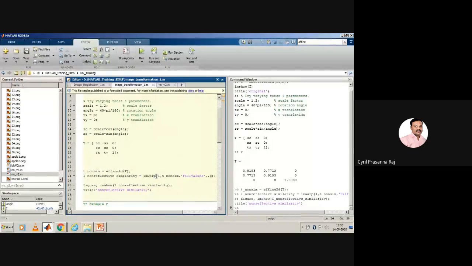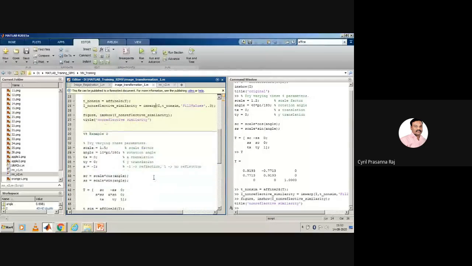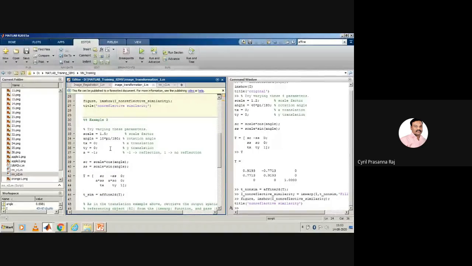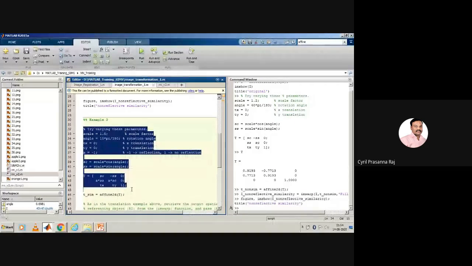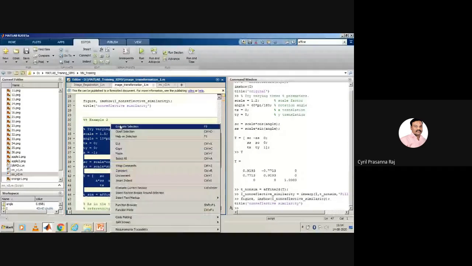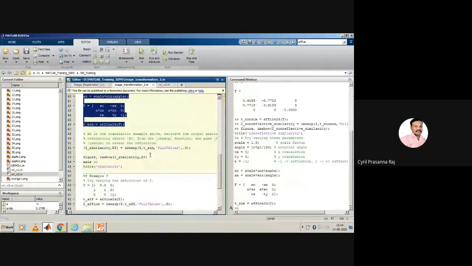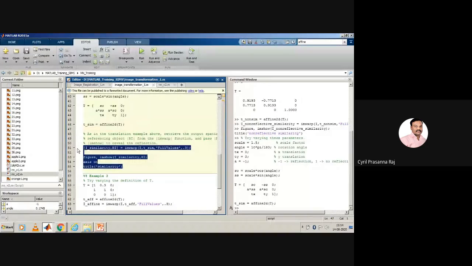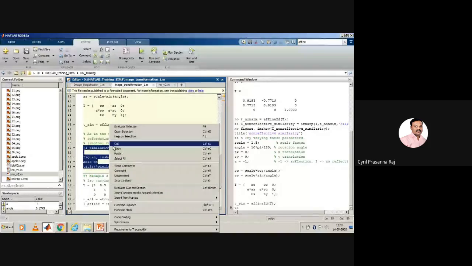Yes. Let us take one more example. Here again the same image I is taken, but we are defining 1.5 and angle as 10 degrees. Then let us see what happens to this. Again, we'll do affine transformation of the parameters. After that, we'll do imwarp and see what happens to the image.